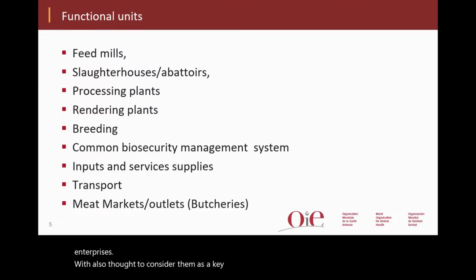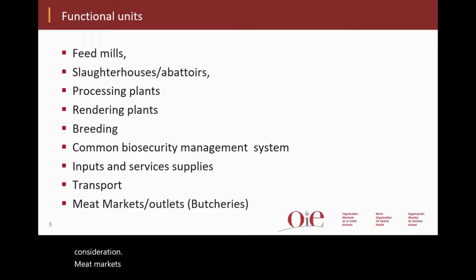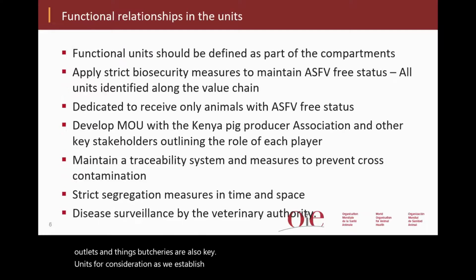Then the transport system for the products, inputs, and even the pigs themselves, we also clustered as a unit for consideration. Meat markets, outlets, and things like butcheries are also key units for consideration as we establish our compartments.